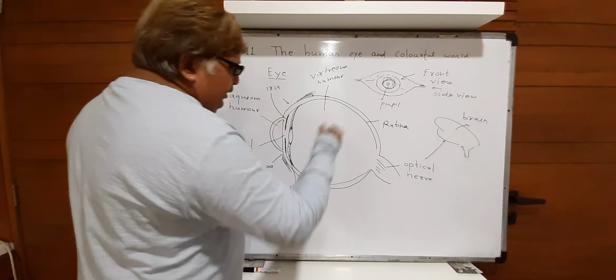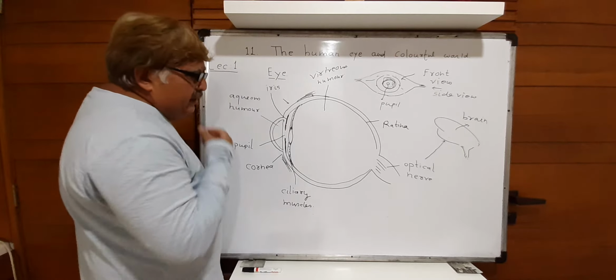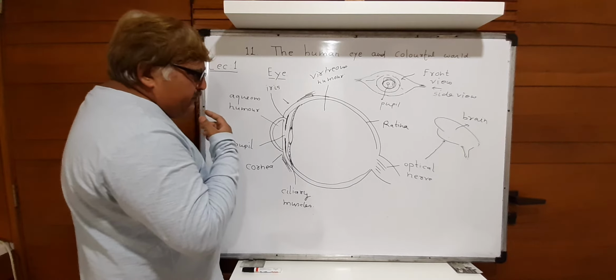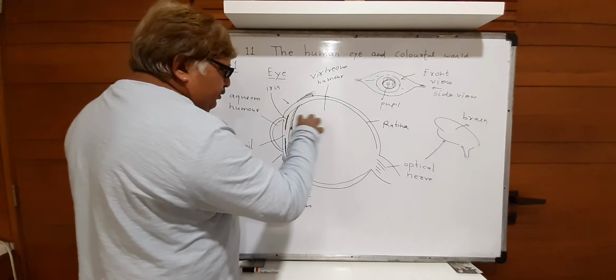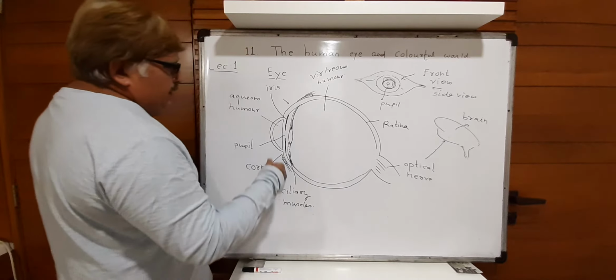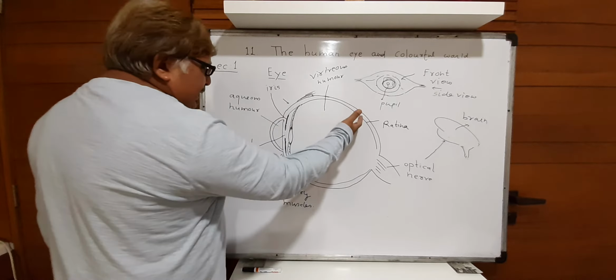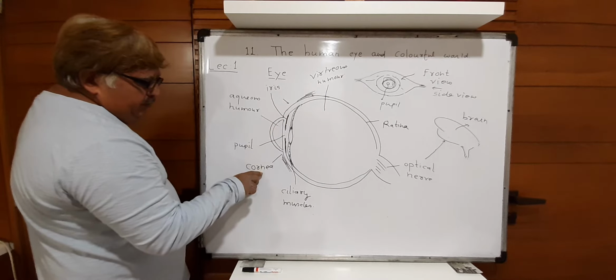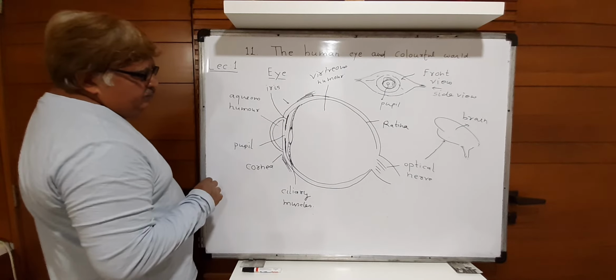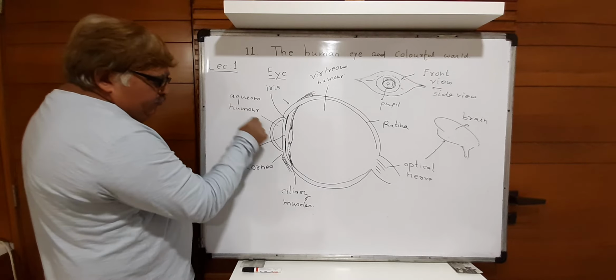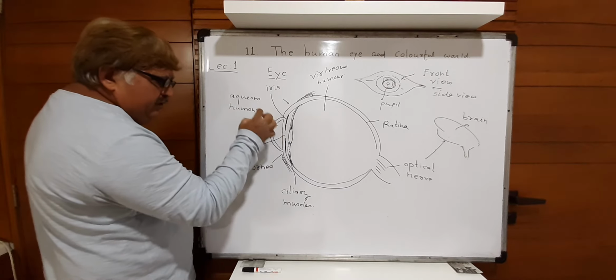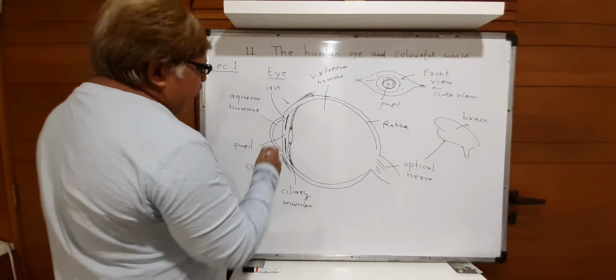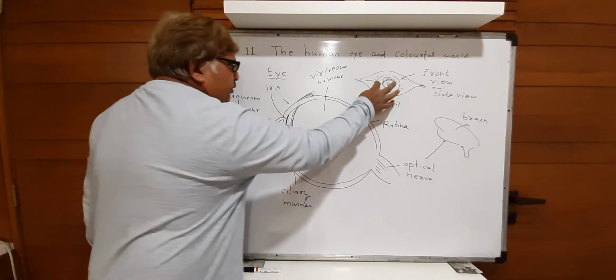Understand? Retina is a light sensitive screen. Understand? All images are going to fall on retina. Then our eye has got a transparent protective cover which we have drawn first, cornea. Cornea is followed by aqueous humor, jelly-like transparent material. Then the muscular diaphragm.